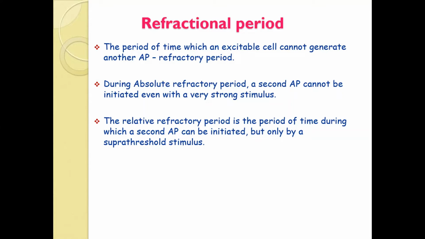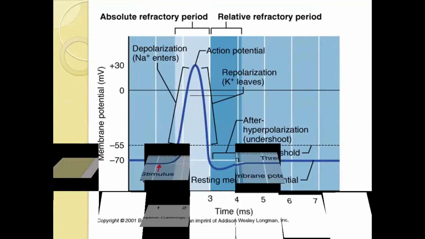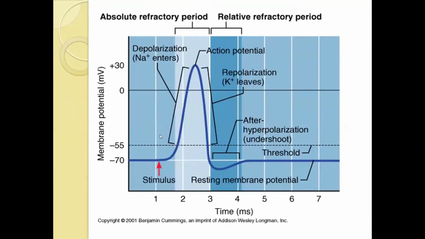Let's see where the absolute and relative refractory periods are. If you see here, during depolarization and repolarization, this period is absolute. That's why you cannot stimulate another action potential even though you have a supra-threshold stimulus, because you have an action potential here.